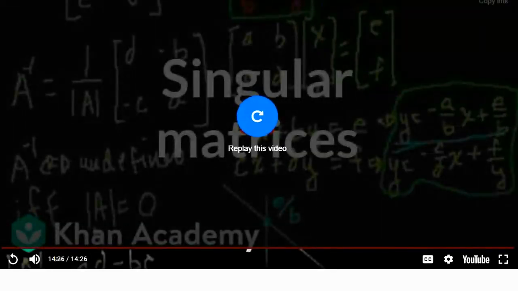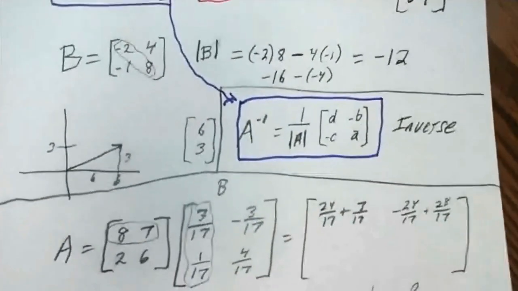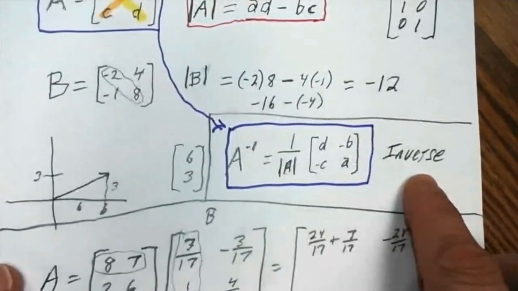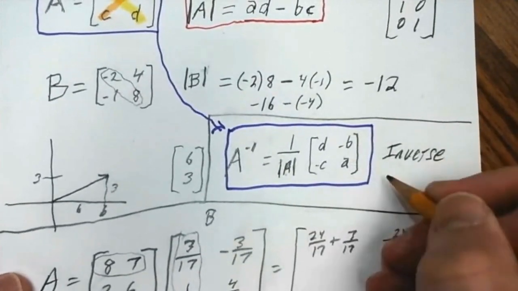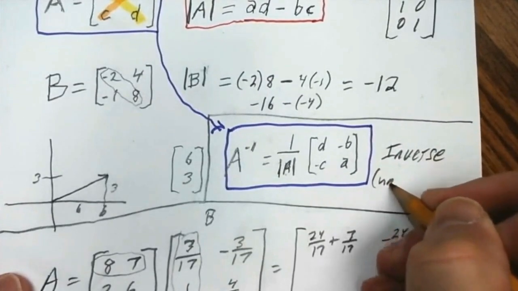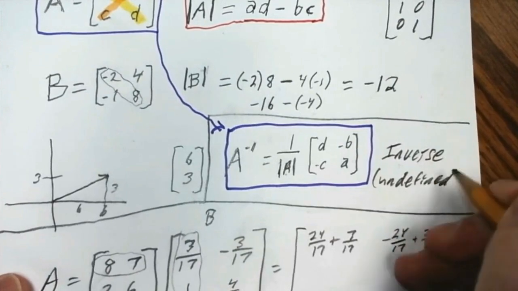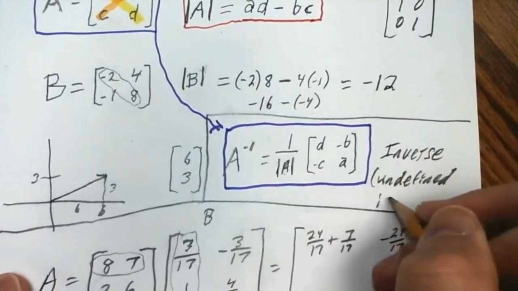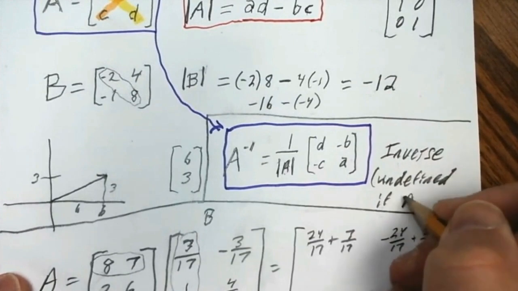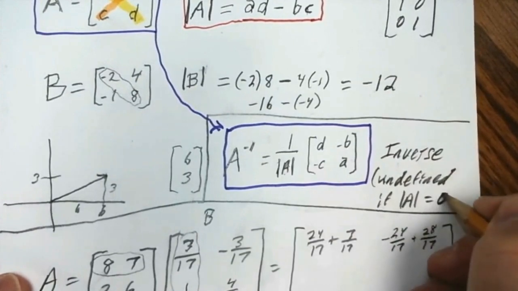Okay, don't let that overly confuse you with all the vector talk, because I'm going to try to simplify that for you just a little bit. Let me put this up on the screen. So in our notes about inverses, we need to put that it's undefined if the determinant equals 0.